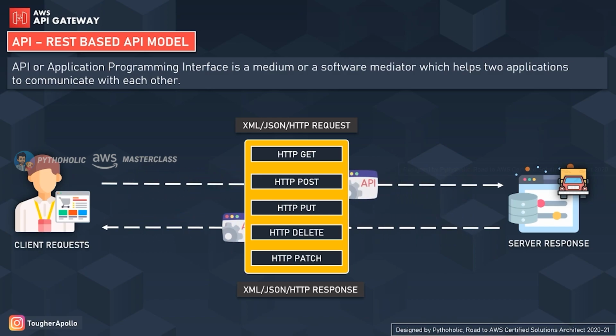The post is basically used to create a new entry or a resource. And put is used to update an existing resource, and delete, obviously, is used to delete an existing resource, and patch is used to update a resource, but it does not need all the payload to be provided in the call. You can consider this a partial update.